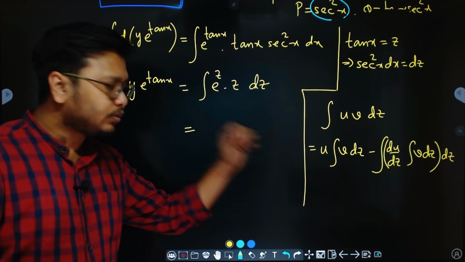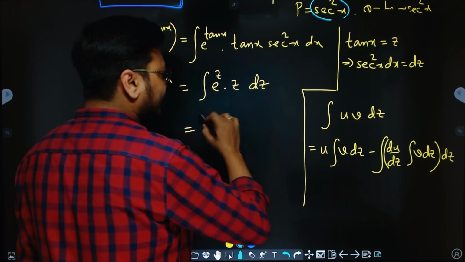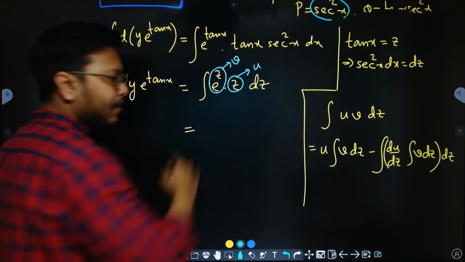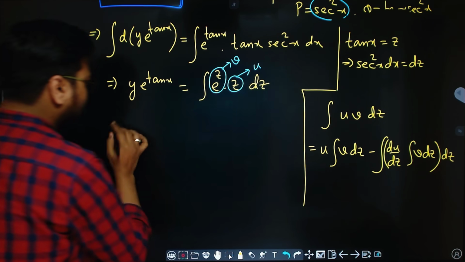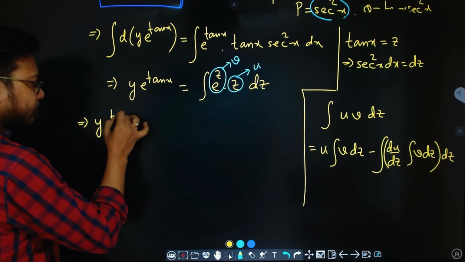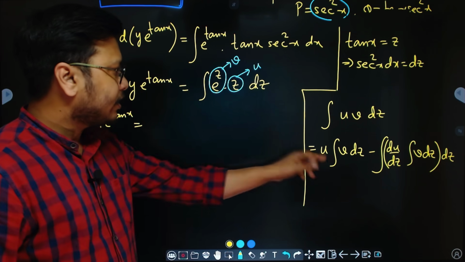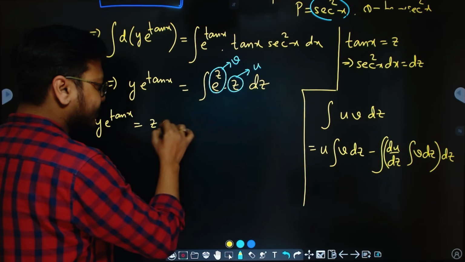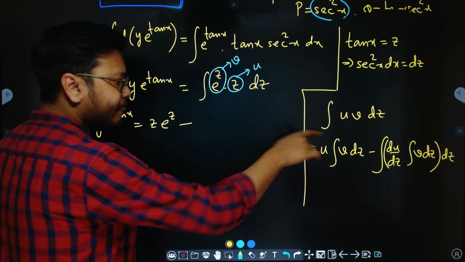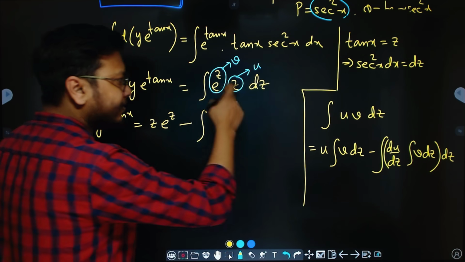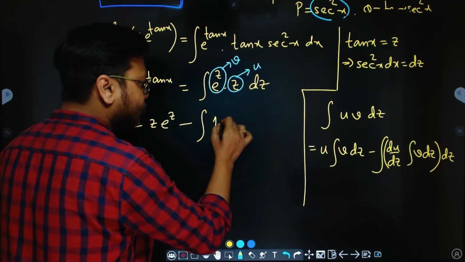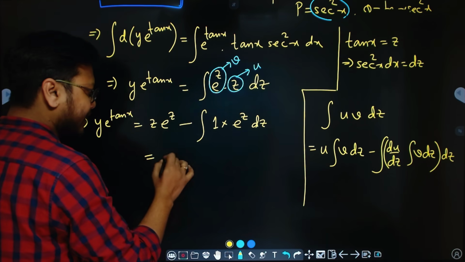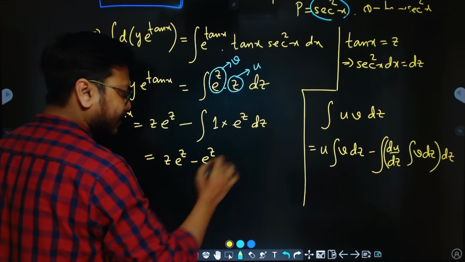If I use this formula, I can say that my z is the u part and e to the power z is the v part. So I will have u into integration of v dz. Integration of e to the power z will be e to the power z again, minus derivative of u, that means derivative of z, will be 1 into integration of e to the power z, that will be e to the power z dz. So we'll be having z e to the power z minus e to the power z.